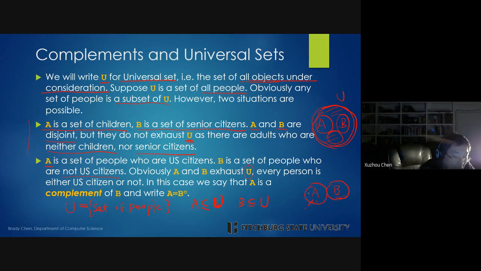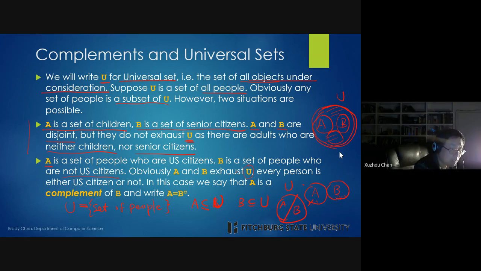So A and B put together make the universal set. You can say this is the universal set, and I cut it into halves, and this is A and this is B, and there's no place for any other case.